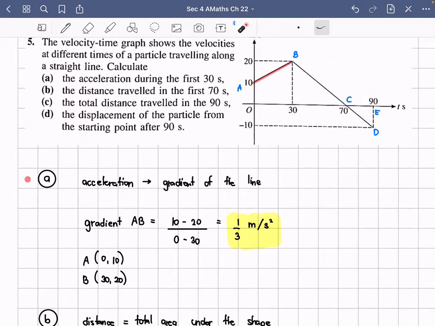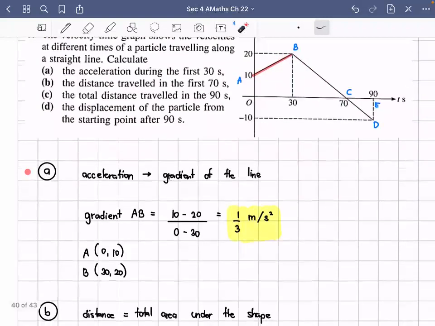Now for letter B, we need to calculate the distance traveled in the first 70 seconds. How do we compute the distance? This is the first 70 seconds, this one. Given your velocity-time graph, you just need to compute the area below the graph, and it makes a certain shape.